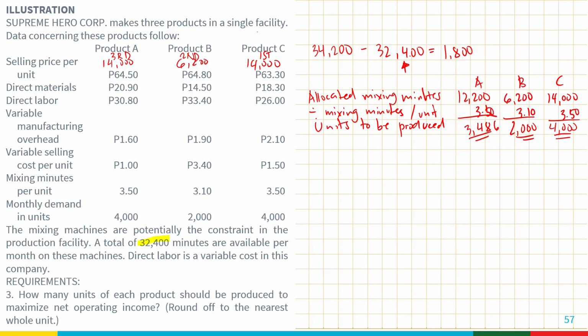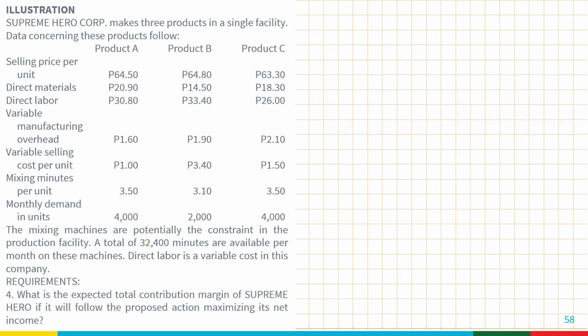Si A, B, and C. 3,486, 2,000, and 4,000. May A tayo, B, and C. Units to be produced.